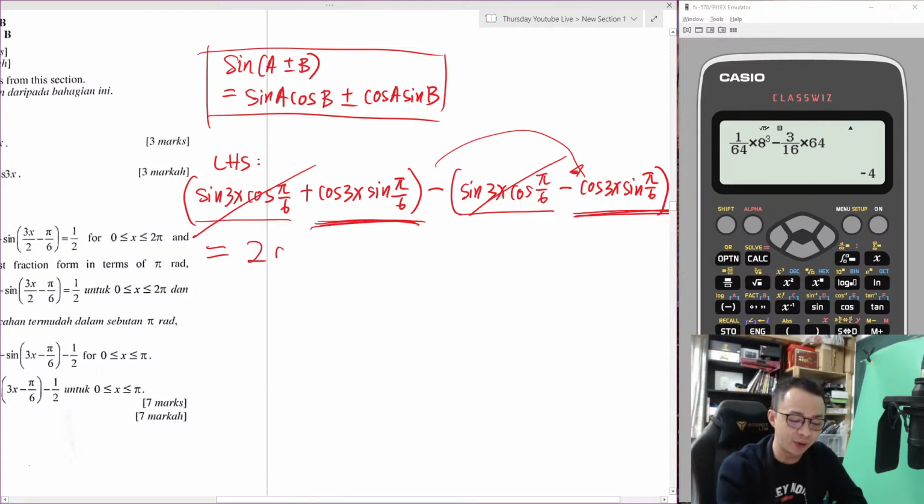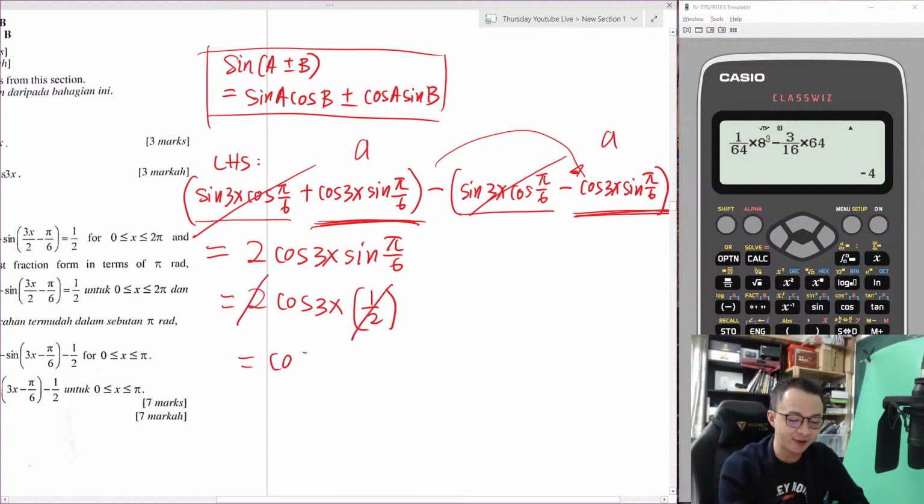So I have 2 cos 3x sine pi over 6. Because just imagine A plus A, you have 2A. This is the idea. So we all know cos pi over 6 is 1 over 2. So I simplify. I get cos 3x. Proven.